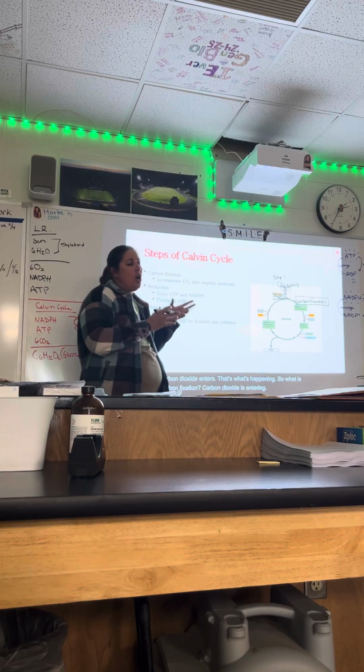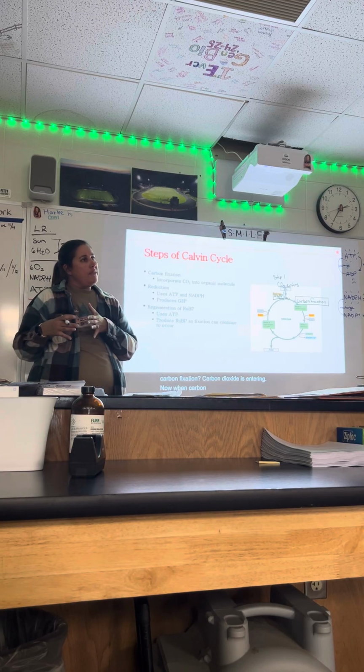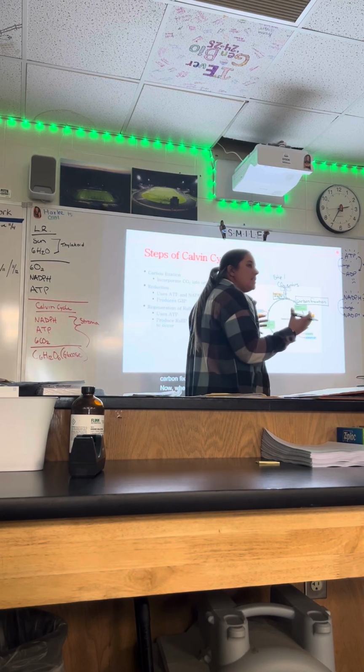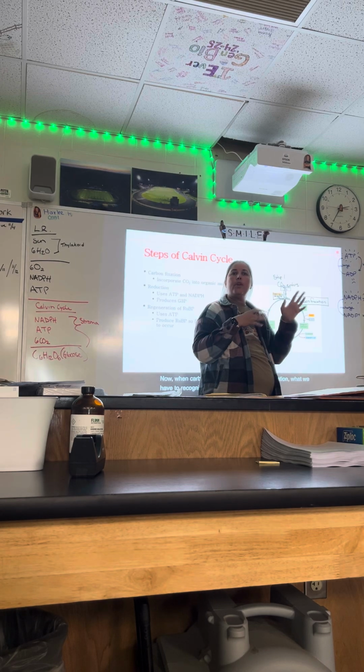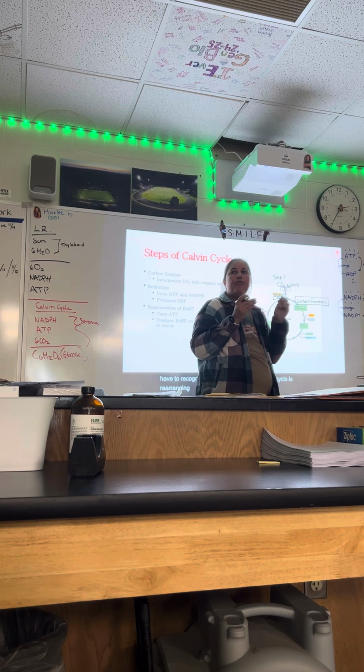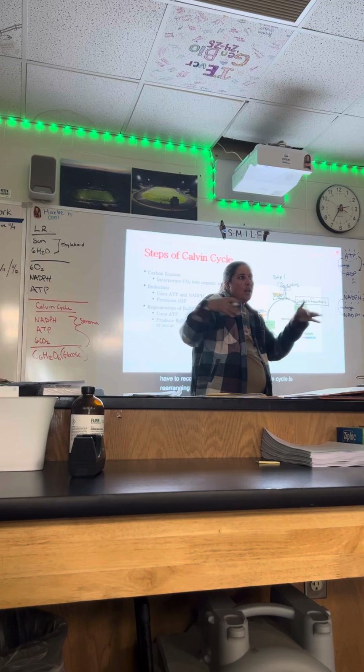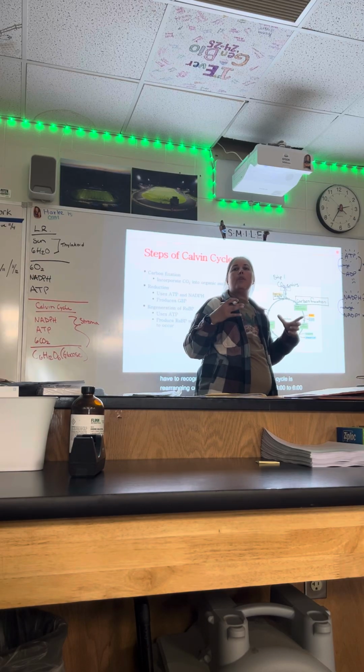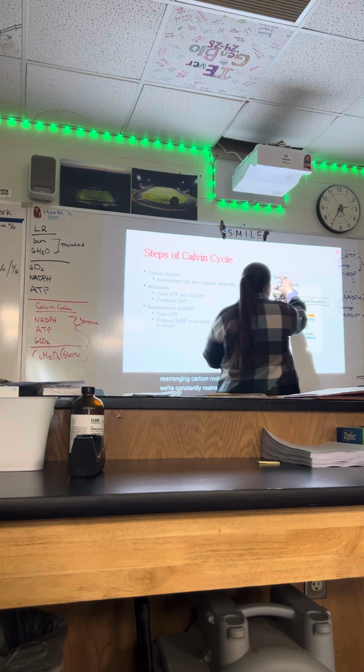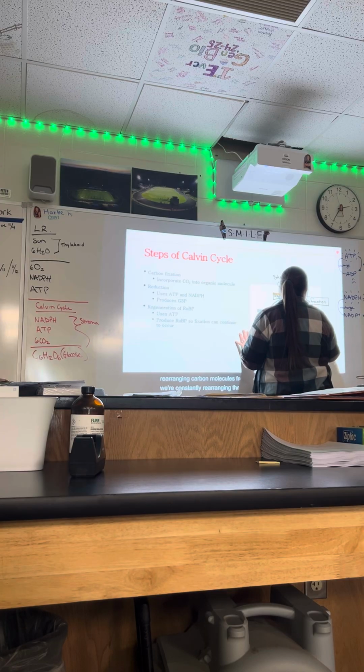Now, when carbon dioxide enters into carbon fixation, what we have to recognize is the whole art of the Calvin cycle is rearranging carbon molecules from like 2 to 3 to 6. So we're constantly rearranging the carbon molecules. So when CO2 enters in carbon fixation, we actually now have 2, 3 carbon molecules.